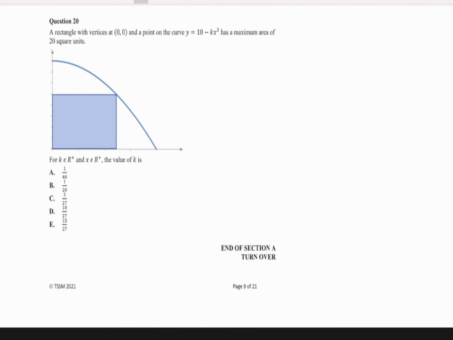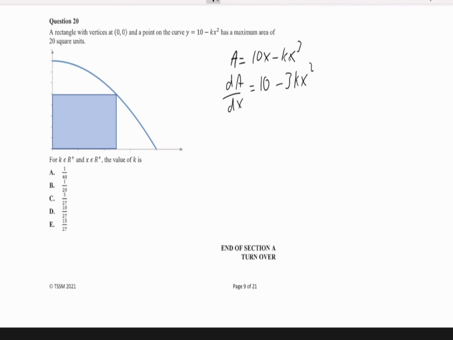Question 20 is just a standard differentiation question. So I'll let the area equal A, and the area is 10x minus kx cubed. So dA on dx equals 10 minus 3kx squared.